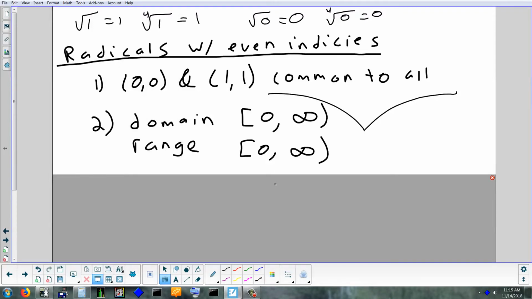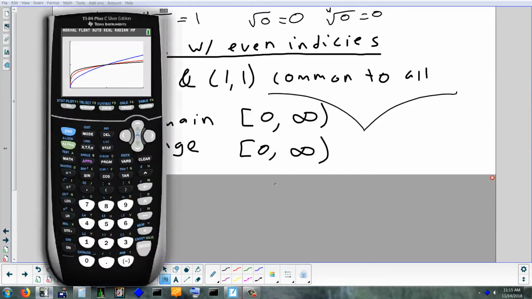So only if you're working with even roots, they'll always go through 0 and 1? Yes, all even roots. 6th root, 8th root, 22nd root, 50th root, 108th root. They all go through the point 0, 0, and they all go through the point 1, 1. That's the basic root. Now, like any function, I can take this and add 1.